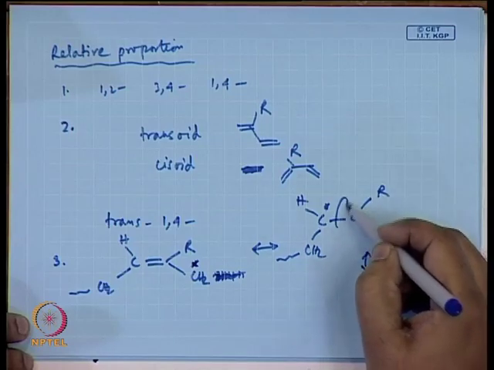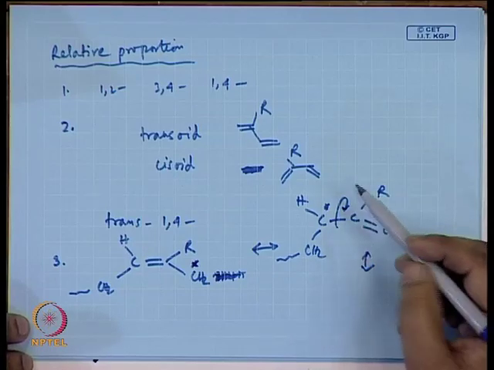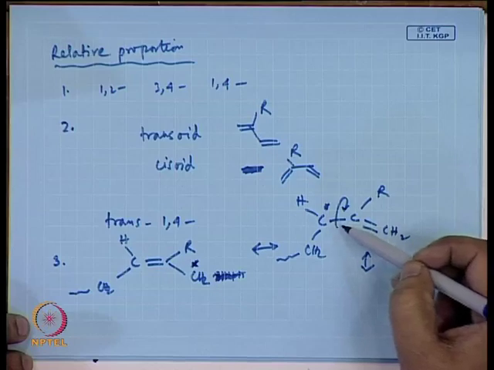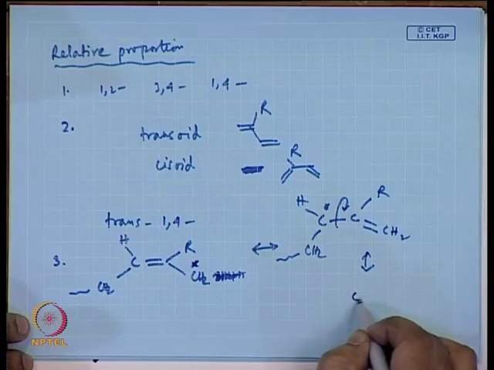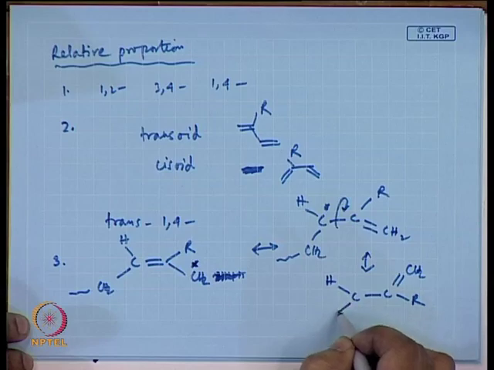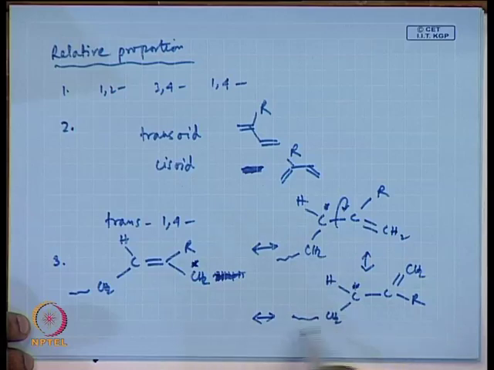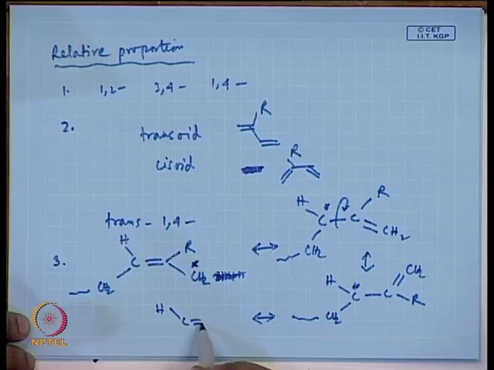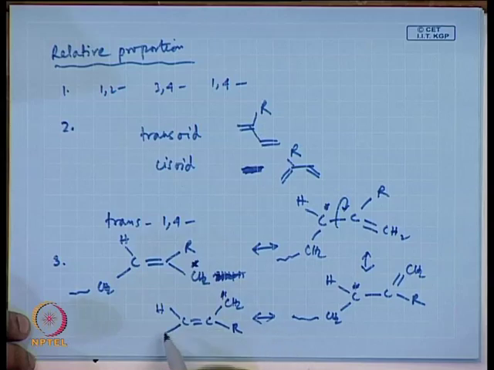Now, this single bond can be easily rotated. If we can rotate around this single bond, then when this is in resonance, it will form this chain end.